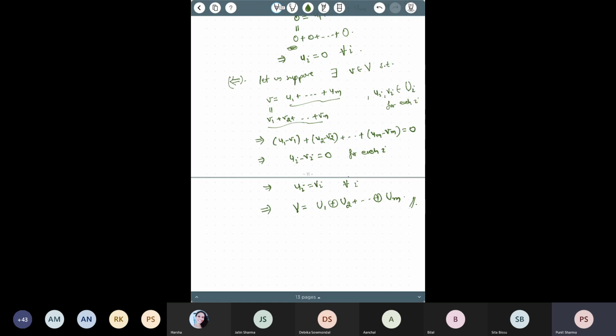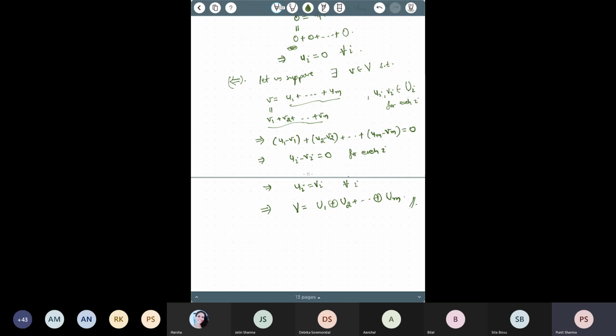So suppose V is a vector space and U and W are two subspaces of V, then V is the direct sum of U and W if and only if V is the sum of U and W, that means V is equal to U plus W, and the intersection of U and W contains only the zero vector. So this is true.